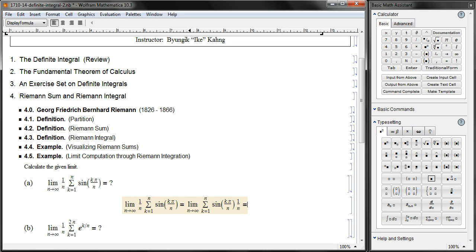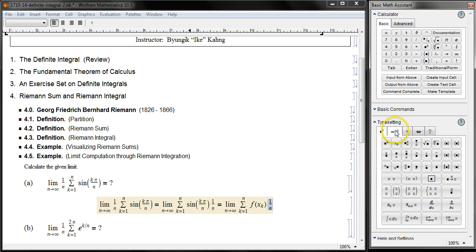Yes, it does. Now sine of k pi over n, we're gonna name it as f of xk, and then 1 over n, we're gonna rewrite it as delta x.